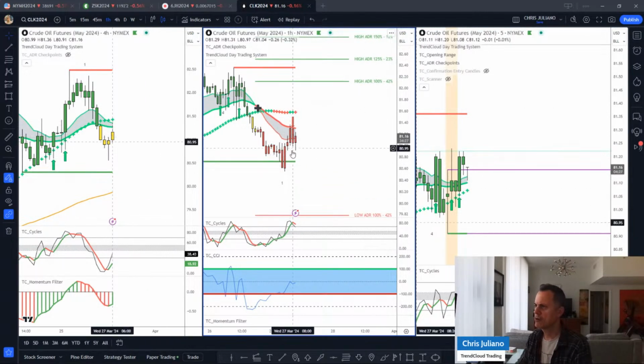Nice. We are getting a TrendCloud signal on the 1-hour chart. Starting to hook down.